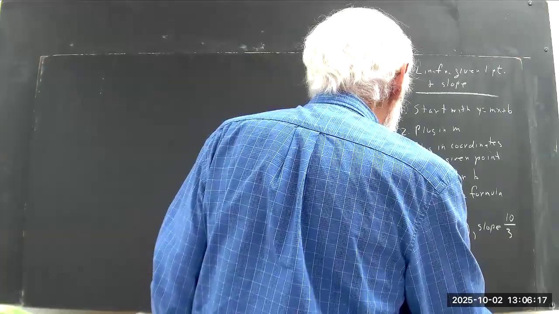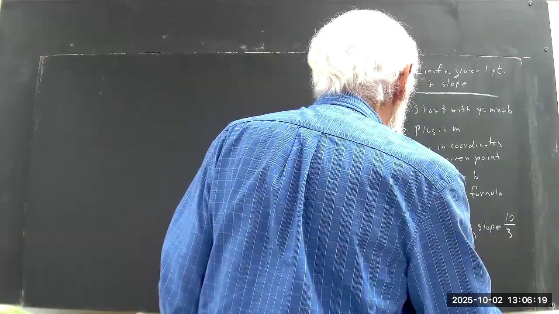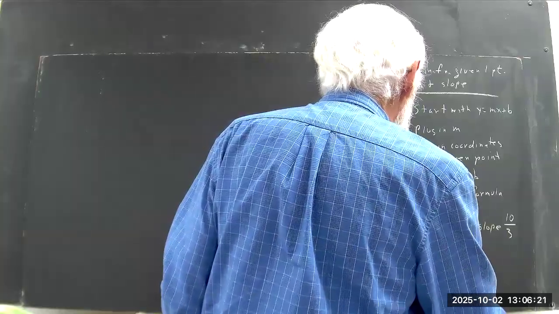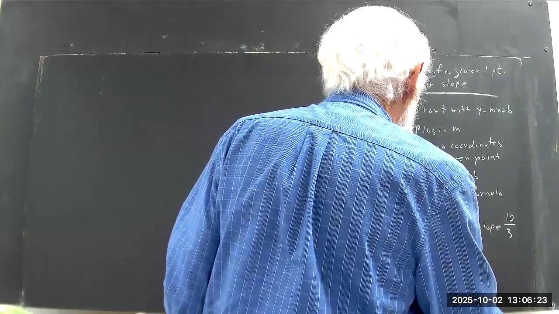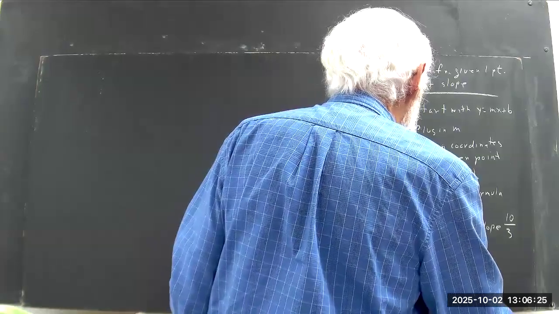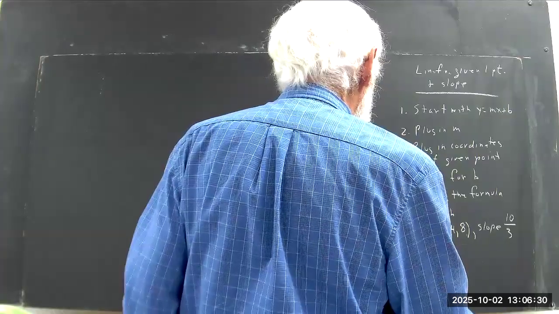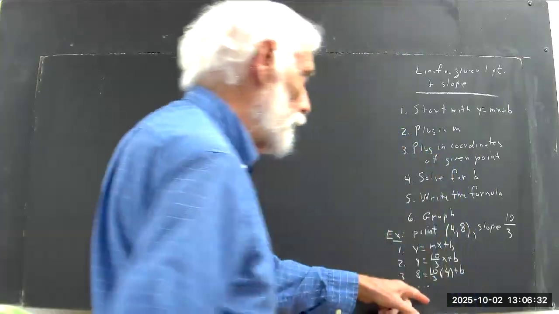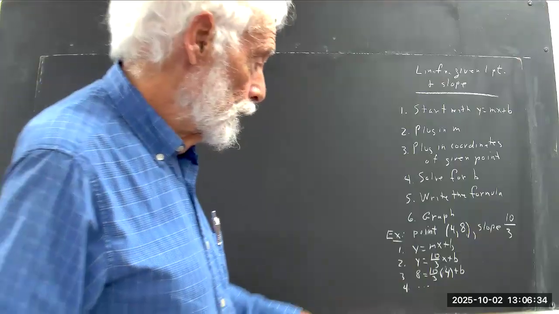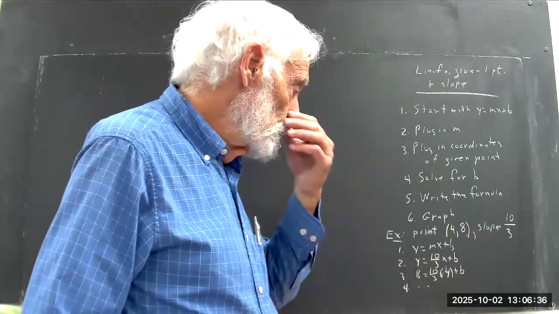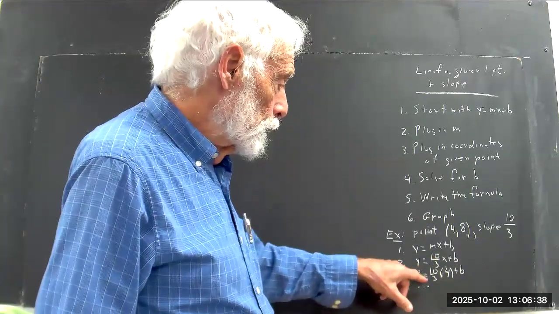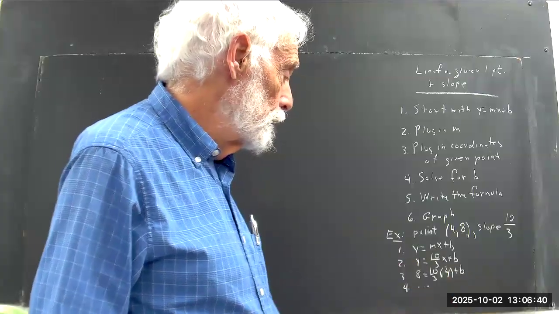equals 10/3 of x, which is 4, plus b. Or we solve for b. You need to know how to solve this equation. Best to multiply both sides by 3. You're going to get 24 equals 40 plus 3b.